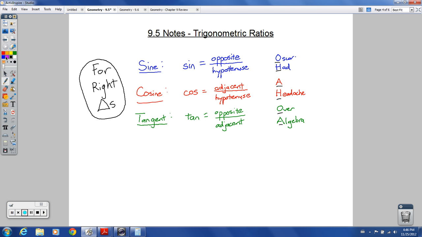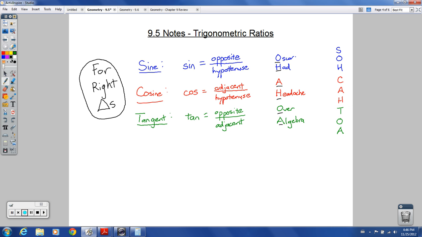And one other way that students seem to like, it seems to be about half and half, whatever students prefer, whatever you prefer, use whatever way helps you better. So it kind of sounds like a Native American phrase almost to me. SOHCAHTOA. If you can remember that word, SOHCAHTOA, this should help you out quite a bit.